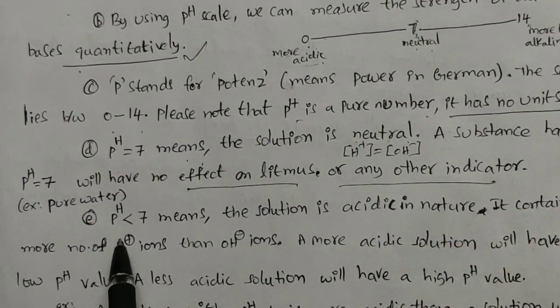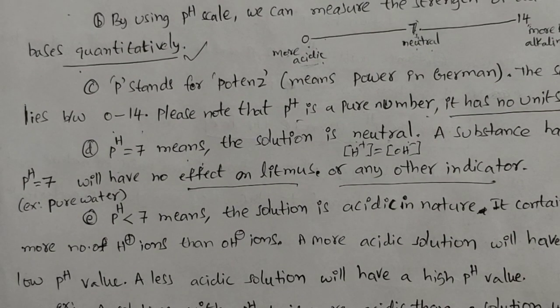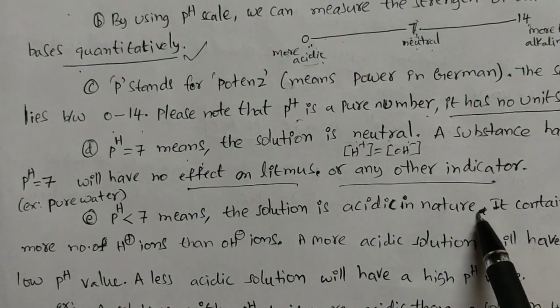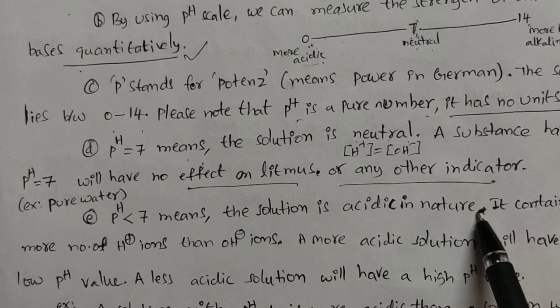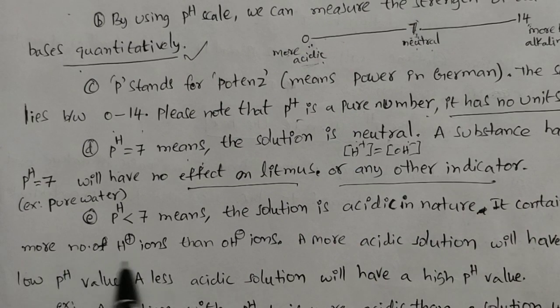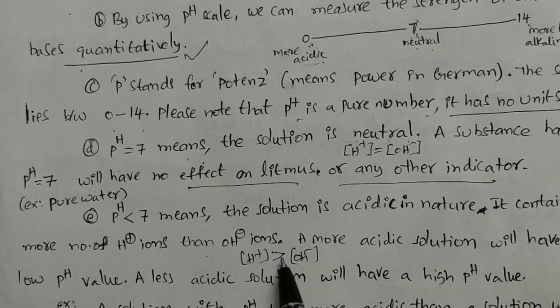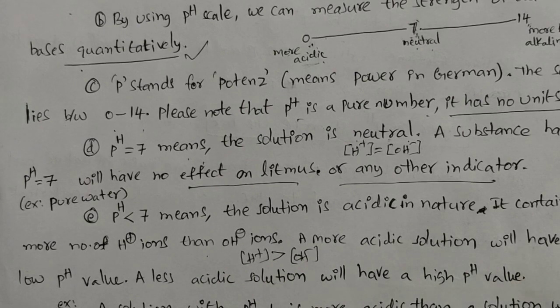Say for example, if pH is less than 7, what does it mean? pH less than 7 means the solution is said to be acidic in nature. It means it contains more H plus ions than OH minus ions. So the concentration of H plus is greater than the concentration of OH minus. So these solutions are acidic in nature. More acidic solutions will have a low pH value.